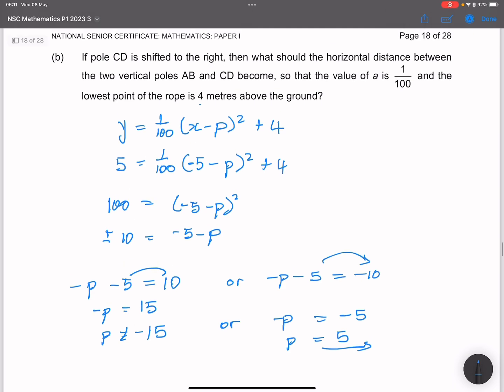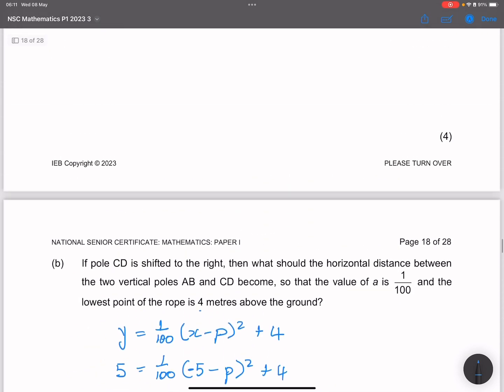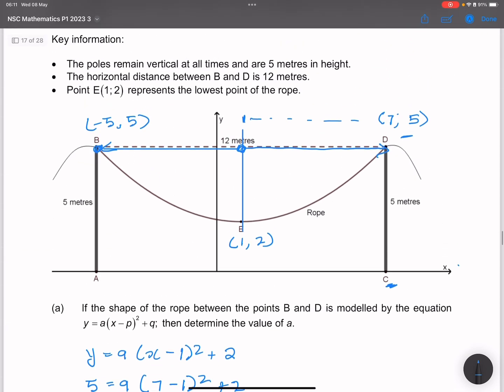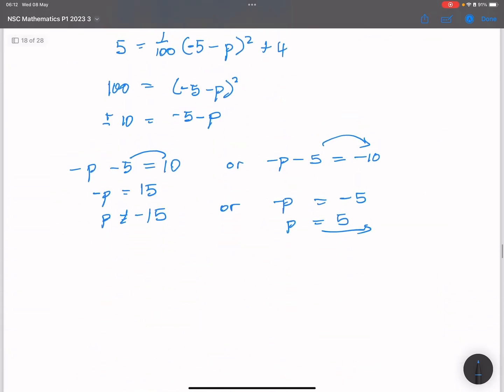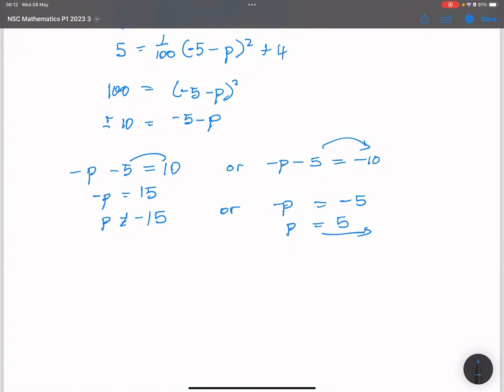Now think about it, ladies and gents. If my p value, which means this is the x value of my x-intercept, would now be at 5. All right, I am correct, right? So it now would be at 5, okay?